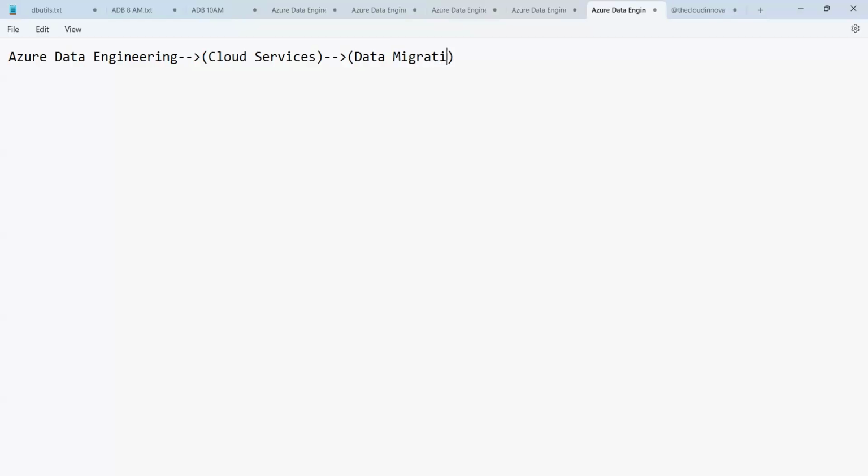The first one is data migration. Then we can also perform another job, that is data integration. Then we have data summarization.